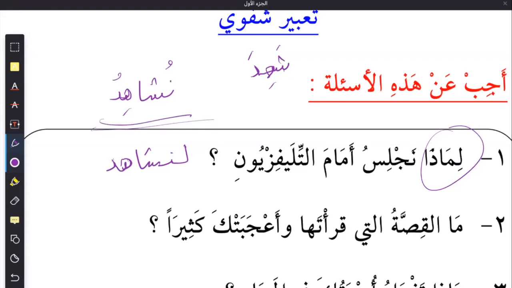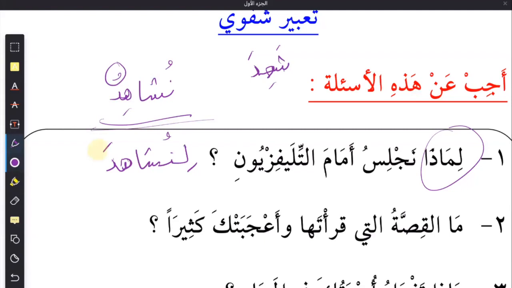So when you say nushahidu, this is the same thing as in English, we would say I'm watching TV. I'm watching something. That's exactly the same verb. If you want to say I'm watching a television, you will say ushahidu. So the present verb is nushahidu. But when you add this lam, li nushahida, this is when it changes. I'm not going to explain why, but I think we found this situation a few times in the book.